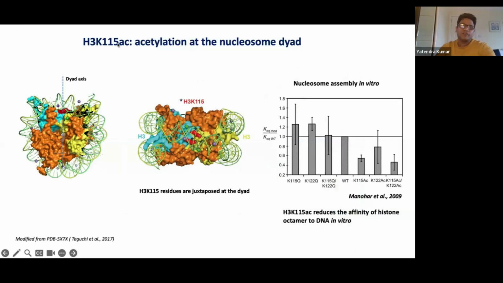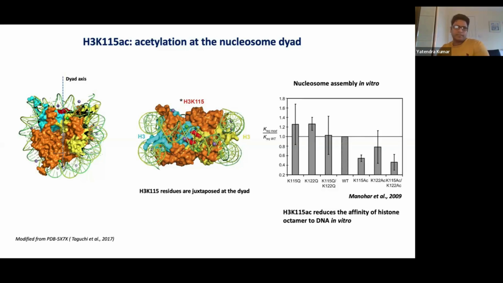Now this lysine is very interesting because it is exactly located at the surface where the dyad axis passes. You can see in the nucleosome structure the dyad axis, and if you turn it, when you are looking down the dyad axis, you can see that both lysine residues from the two H3 molecules come together, juxtaposed very close within the region where you have the central base pair of the nucleosomal DNA.